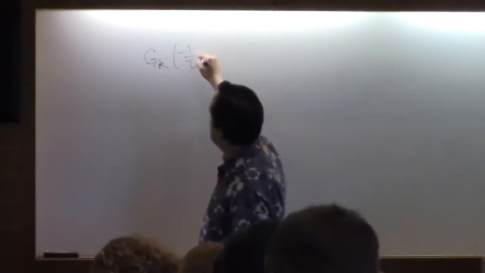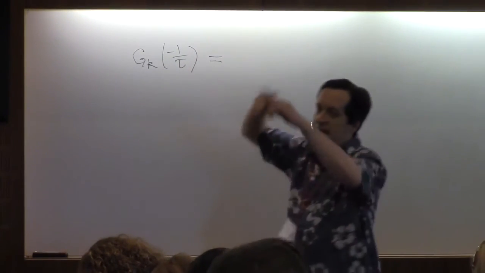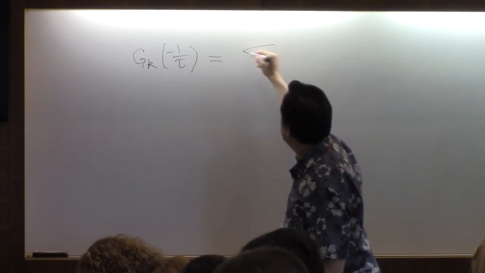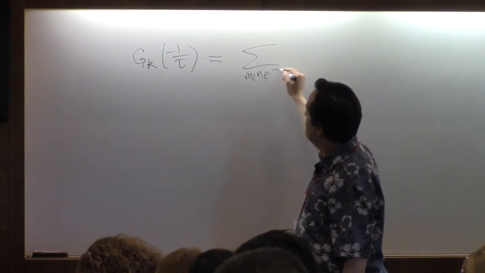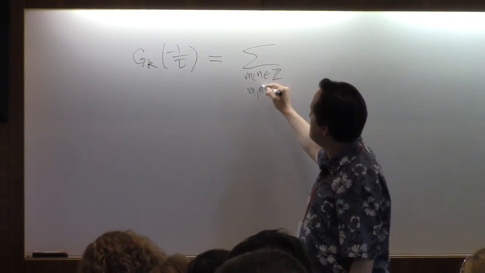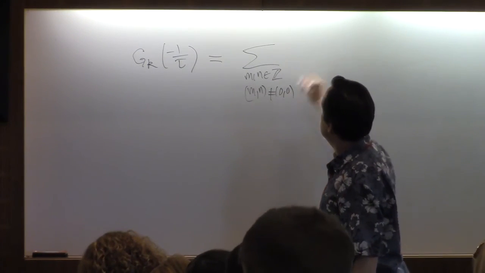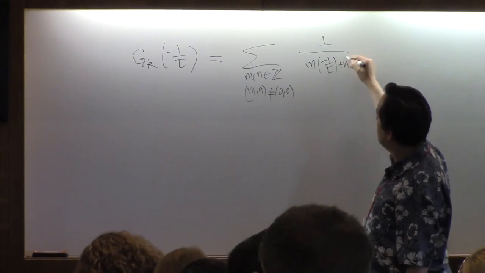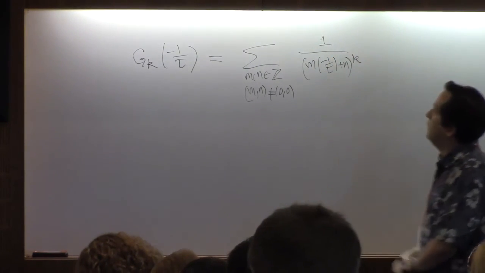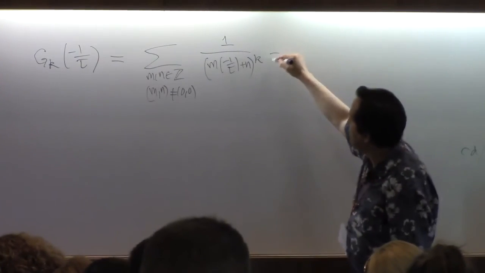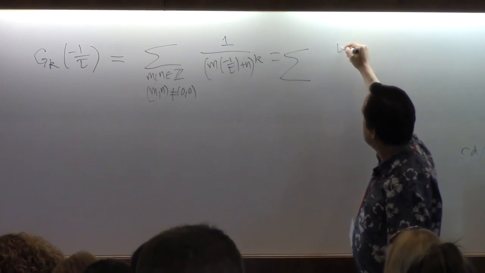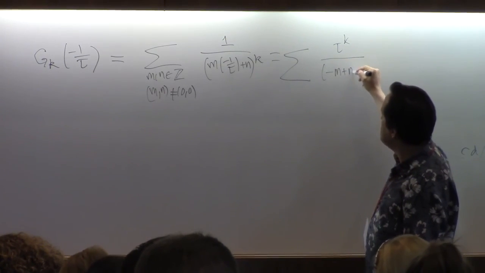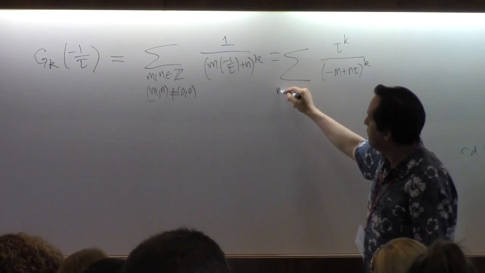If you use minus 1 over tau, again, remember, tau is big, minus 1 over tau is small, and vice versa, in the upper half plane. So if we have pairs of integers that are not 0, 0, 1 over m times minus 1 over tau plus n, all to the k, let's see, without changing the terms, I'm just going to put a tau to the k on the top, and minus m plus n tau to the k on the bottom.